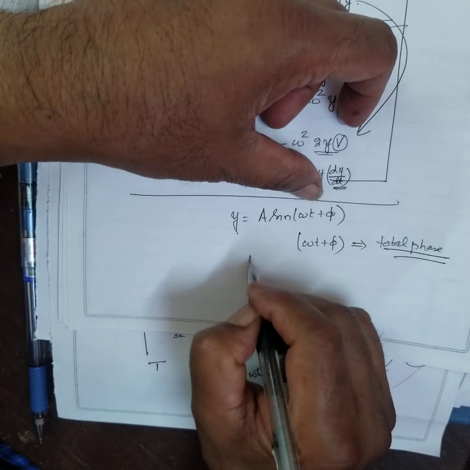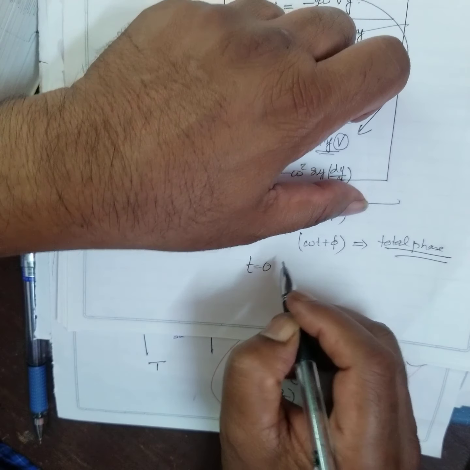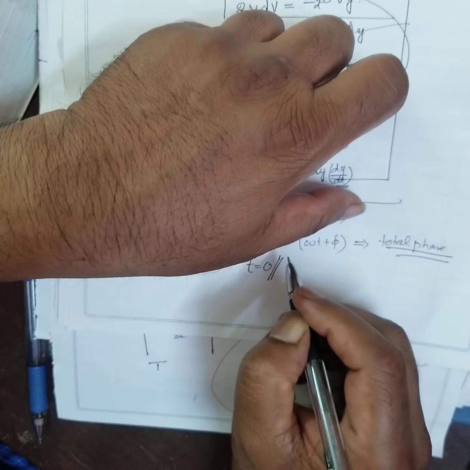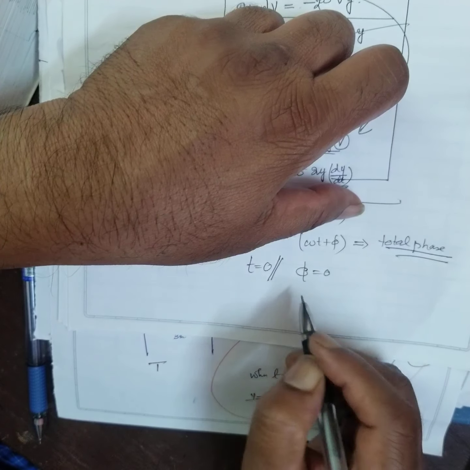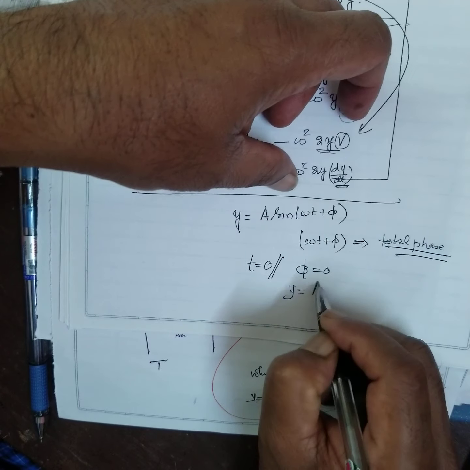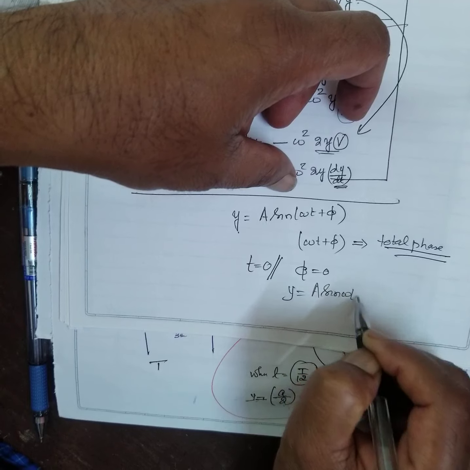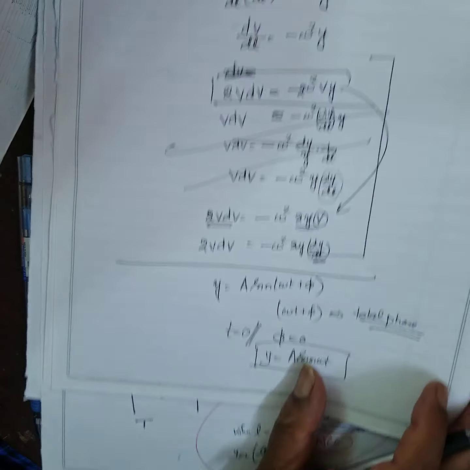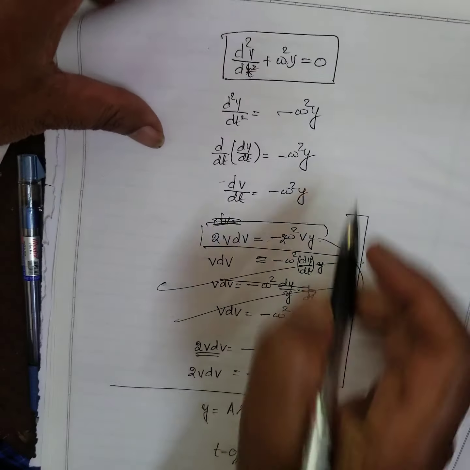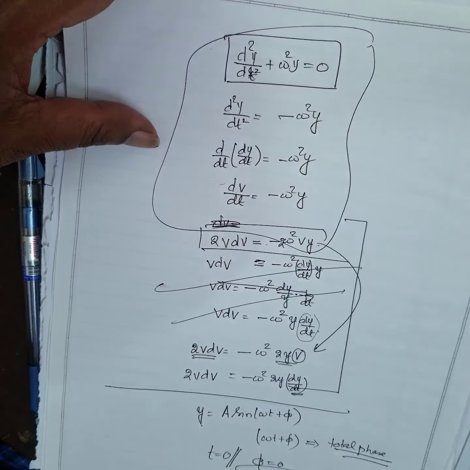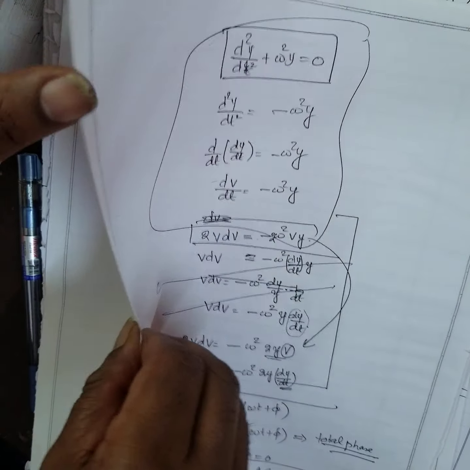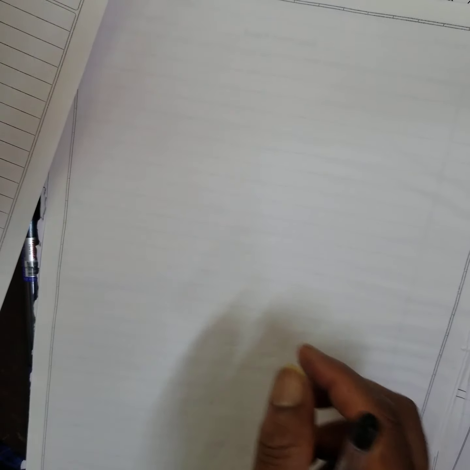When t is equal to 0, phi becomes 0. Therefore, y is equal to a sine omega t. Now the differential equation you will get only in BSc. That's why I tried to solve, but I am not getting it at the moment. The next class I will do it so you learn that also.